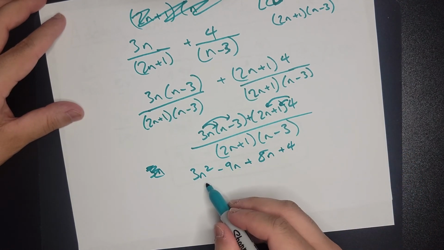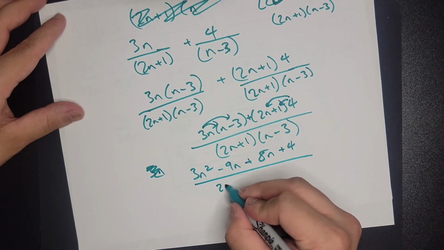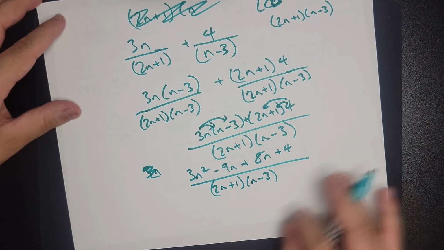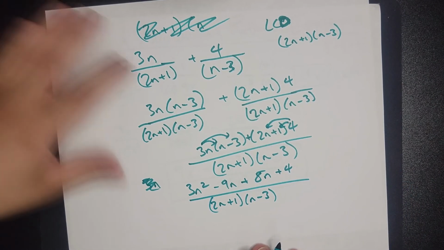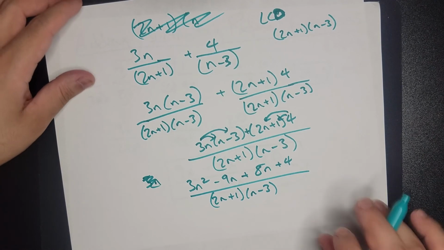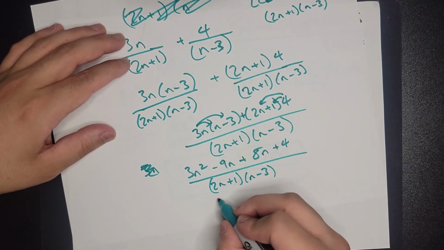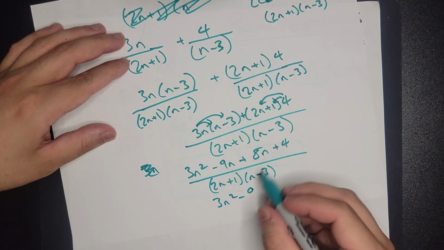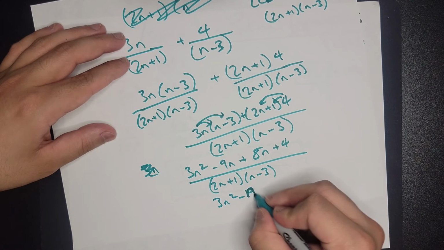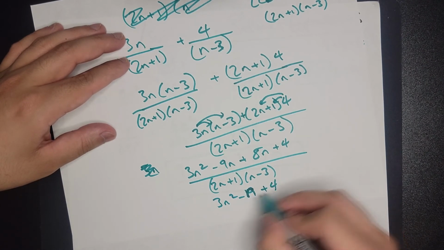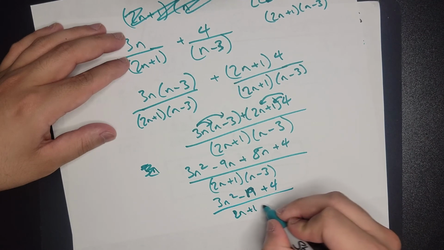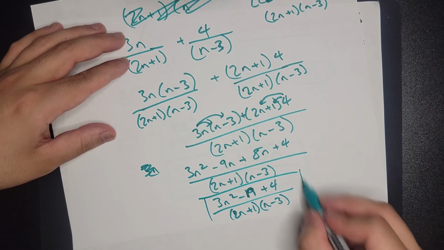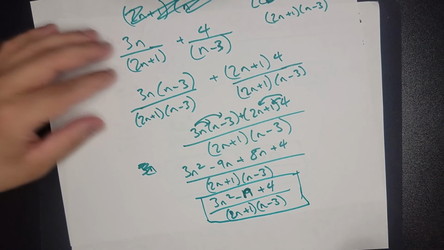And as you can see, we can group these terms and put them together. So we're going to have 3n squared minus 9 plus 8, it's going to be n, which is negative 1, plus 4. And that is my final answer.